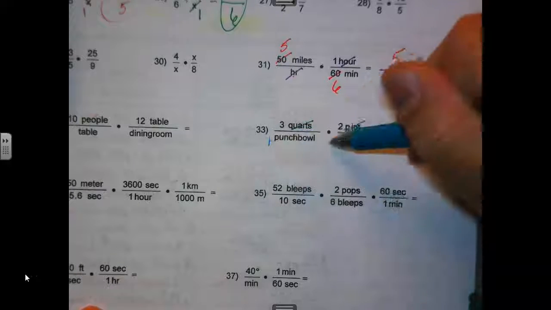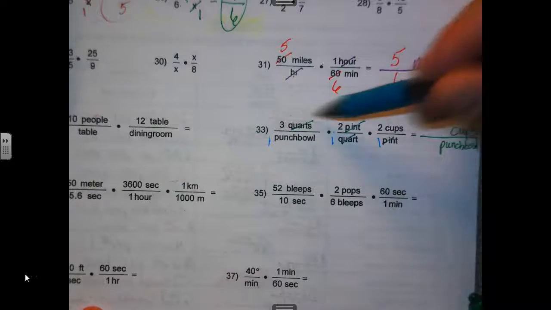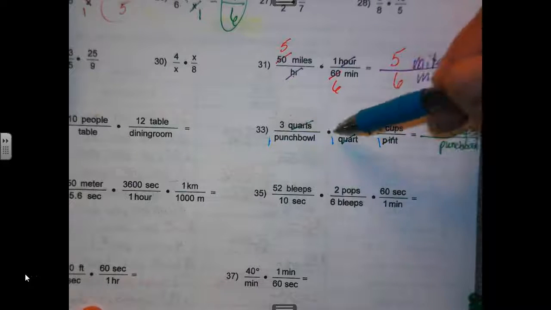These are all ones, right? So 3. Nope, these are all in the numerator. I can't factor anything else. 3 times 2 is 6. Times 2 is 12. You want to put a 1 there? By all means. So 12 cups per punch bowl.